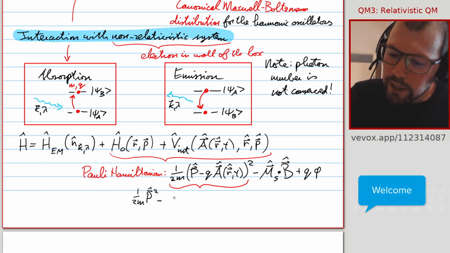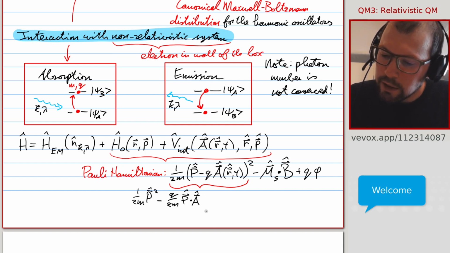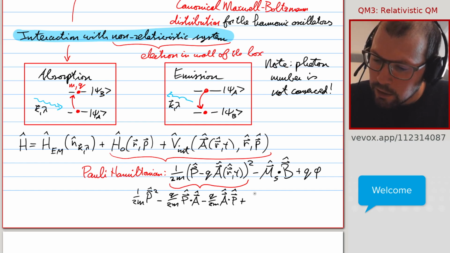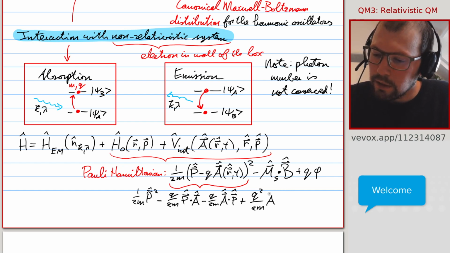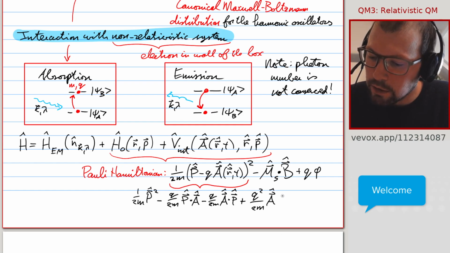Then we get a minus q/2m p dot A, minus q/2m A dot p, and the inner product of the vector potential with itself.